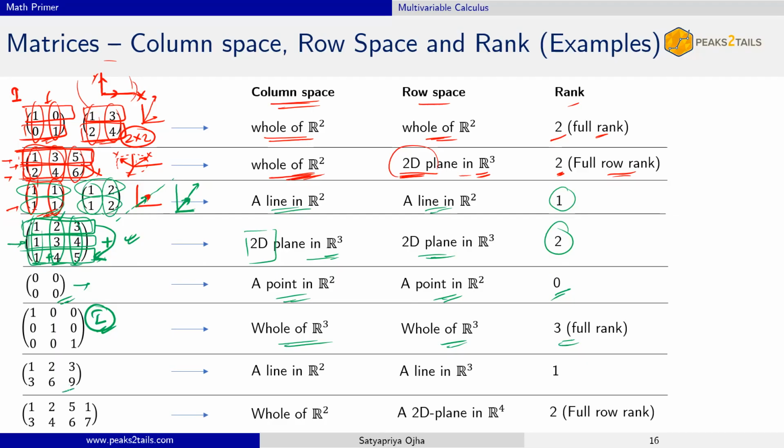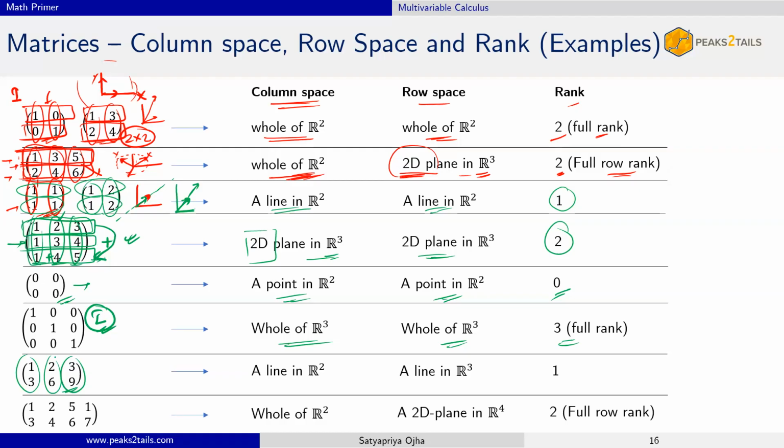Let's look at the next one. A 2 by 3 matrix. If you look at the column space, you know for a fact that the column space cannot be 3D, because these are 2D vectors, and the maximum space you can get out of 2D vectors is a plane. But you can do worse.